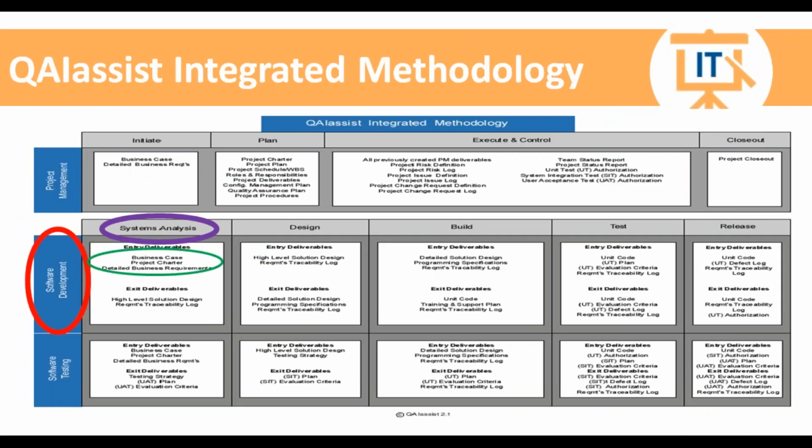So as we go through our document or our methodology in the software development lifecycle, we have our detailed business requirements already defined at the start of the project. We know that we're going to have a high-level solution design deliverable.